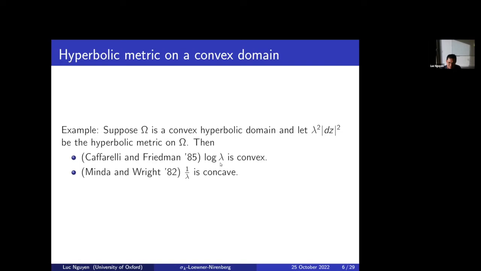So for example, log lambda is convex, or 1 over lambda is concave. I suspect that this will have some relevance in the study in higher dimension. I don't quite know yet, but I suspect it has something, so I just put it here.